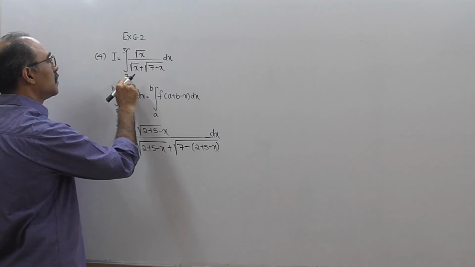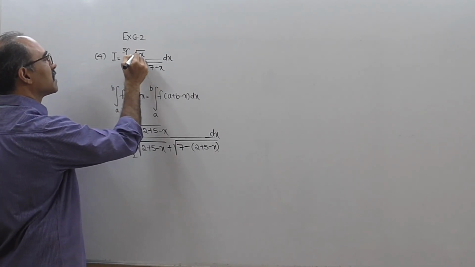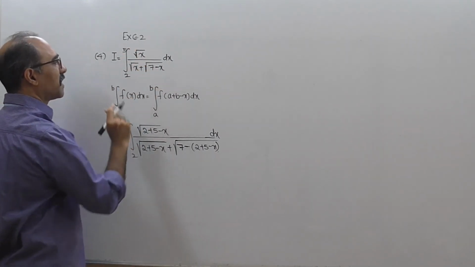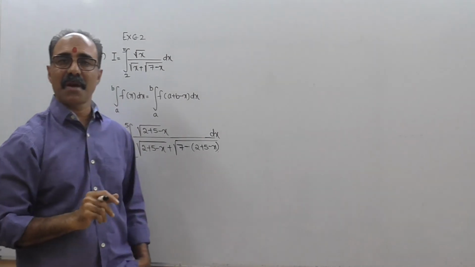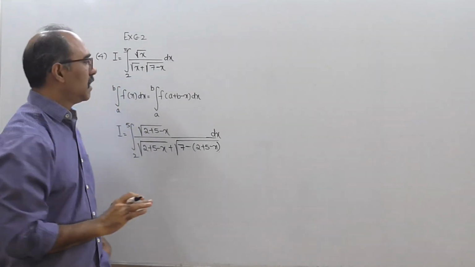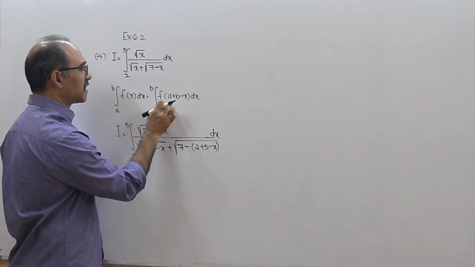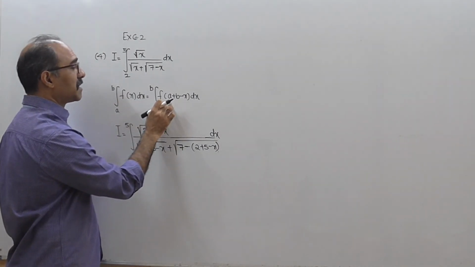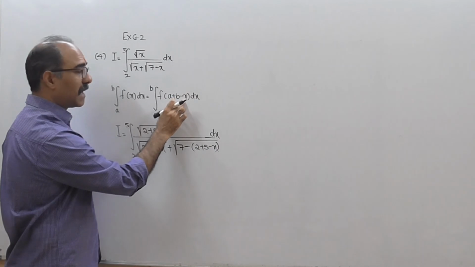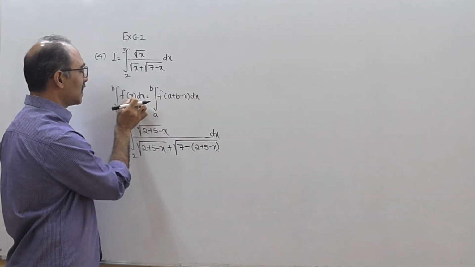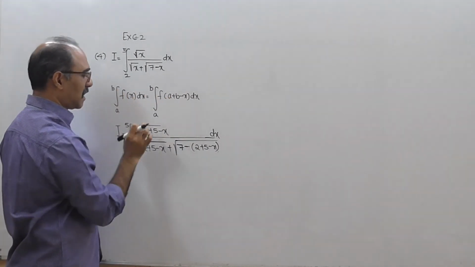I equal to 2 to 5 root of x upon root of x plus root of 7 minus x. If you are having a root, you can rationalize. But you just try with integration a to b f of x dx equal to integration a to b f of a plus b minus x. मतलब क्या है? x के जगह में a plus b minus x डालना.